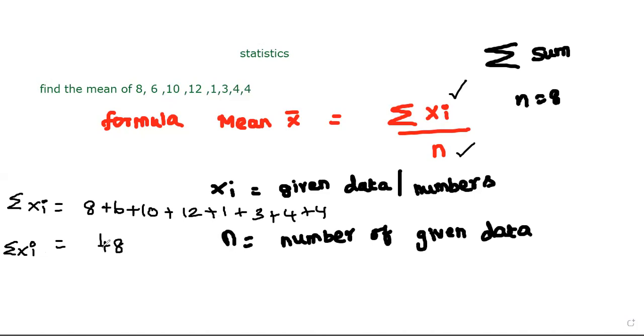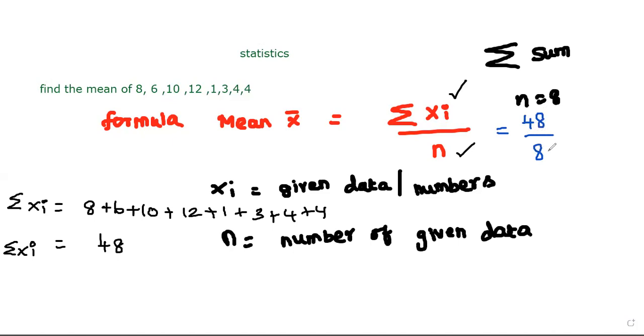Do you have any idea what the next step is? Simplify it. We just have to substitute in the formula. Summation xi we found, which is 48, and you also found the value of n, which is 8. So mean is nothing but 48 by 8, and we have to simplify this.